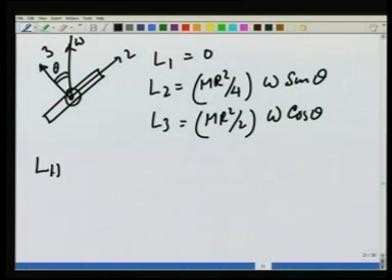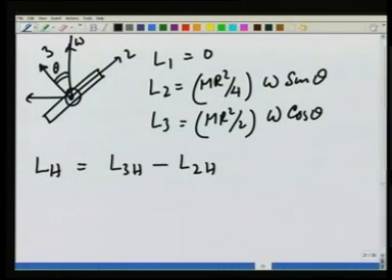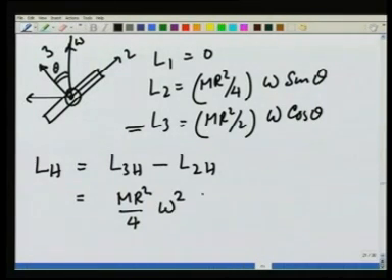So, L horizontal is going to be L3 horizontal minus L2 horizontal in this direction. You can see L3 is greater than L2, and this comes out to be mr square over 4 omega square sine theta cosine of theta.